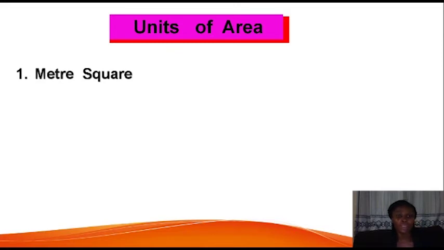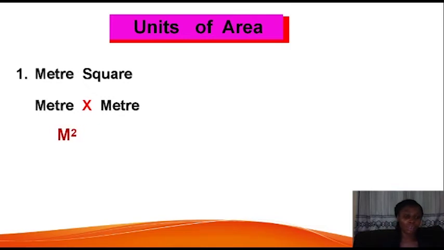Meter square is gotten by multiplying meter times meter. Meter times meter gives us what? Meter square. And meter square has a symbol. The symbol is m square.